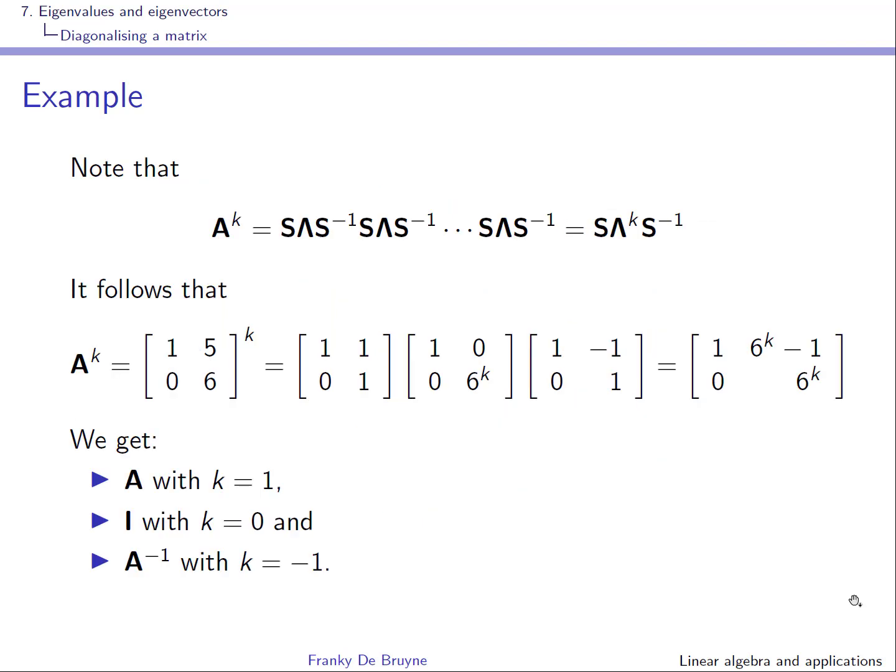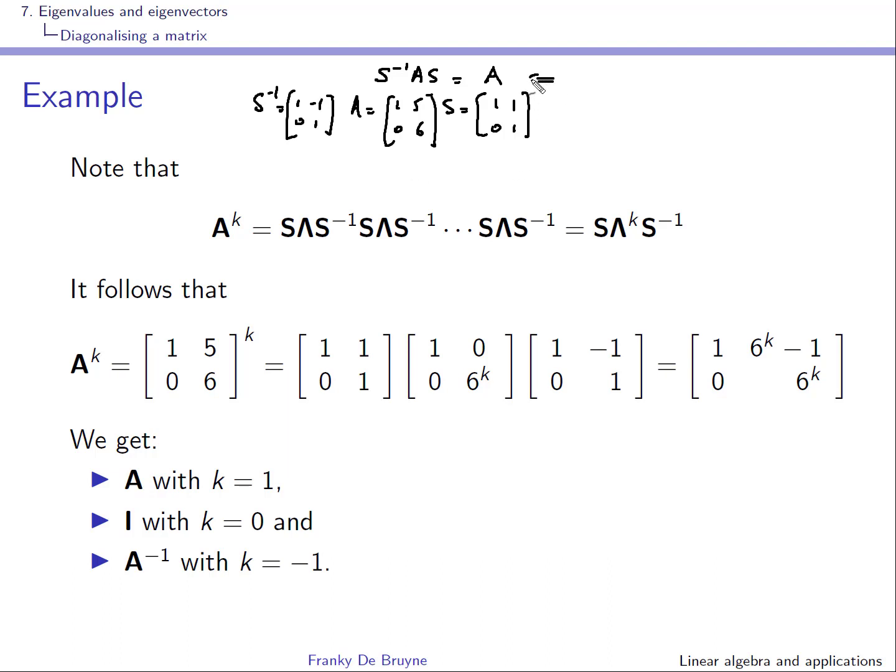So in the previous slide we had done an example where S minus 1 A S is equal to lambda. S was [1 1; 0 1], A was equal to [1 5; 0 6], and S minus 1 was equal to [1 -1; 0 1].